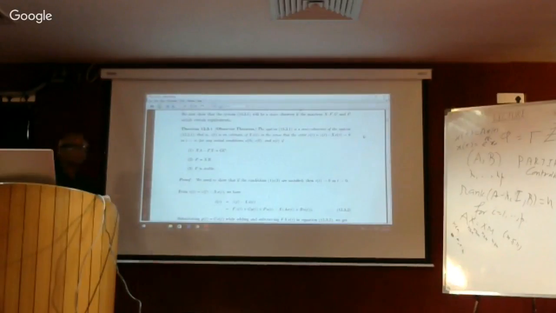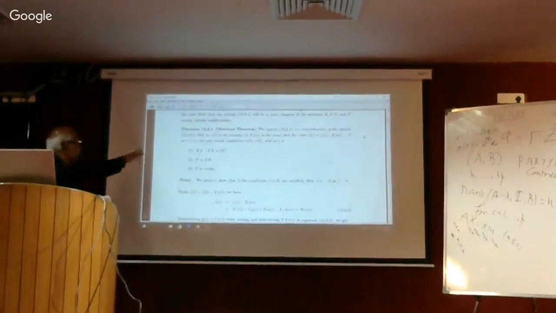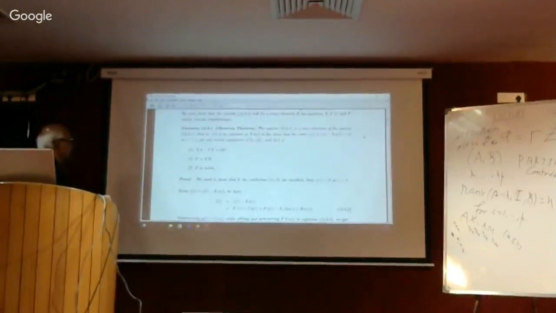A and C, and you have to find X, F, and G. But suppose I eliminate one of them, like F being a stable matrix. Still, I have to solve for X and G, given A, F, and C.